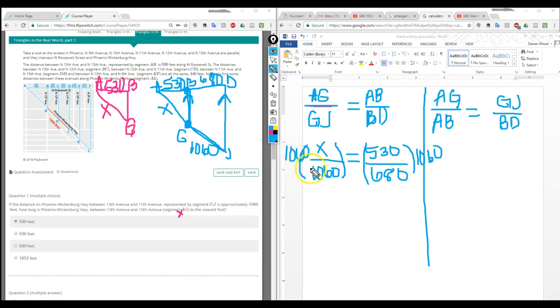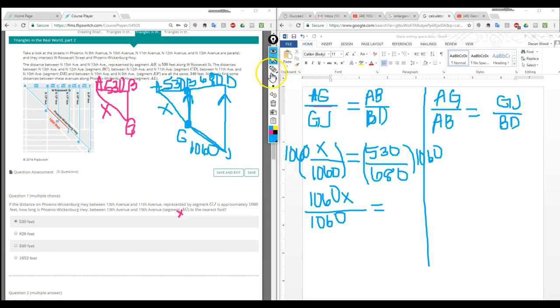So 1060 times x over 1060 is x. That's going to equal, I'm going to type that into my calculator.